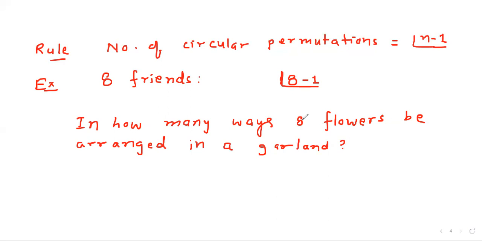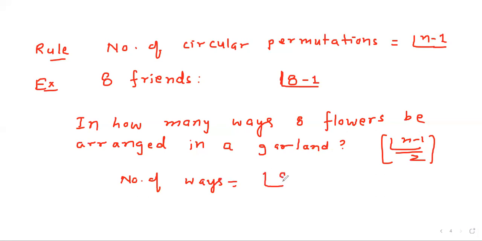Obviously, the distribution will be non-distinguishable. So the number of ways will be factorial n minus 1 divided by 2. So the number of ways is equal to factorial 8 minus 1 divided by 2. That is factorial 7 divided by 2, which is 5040 ways.